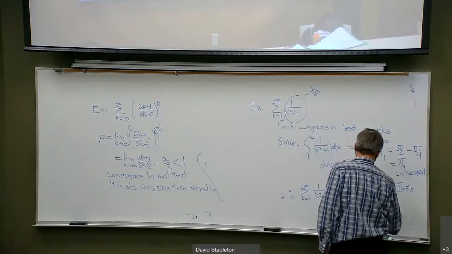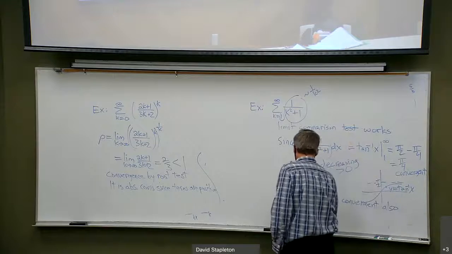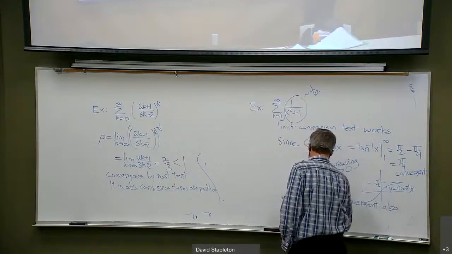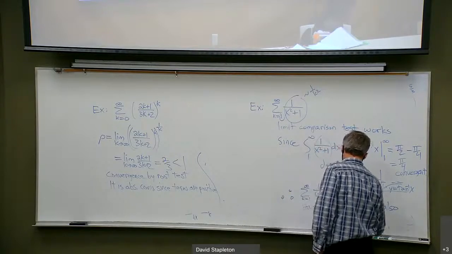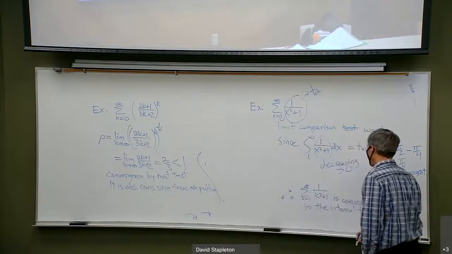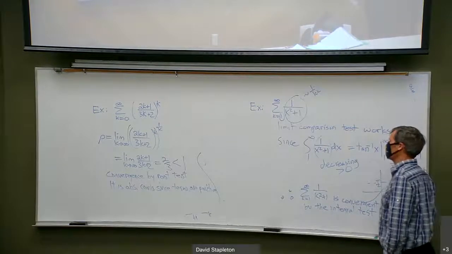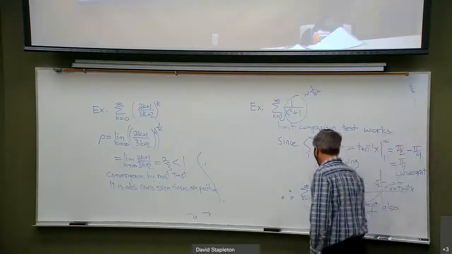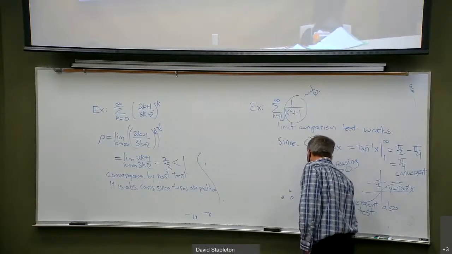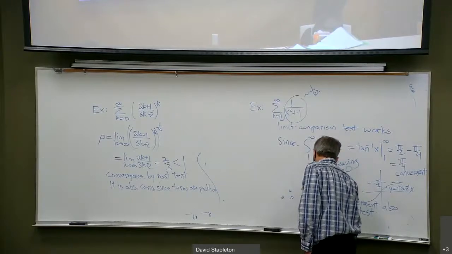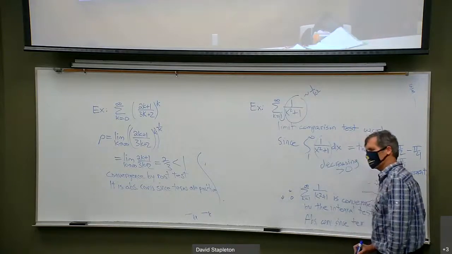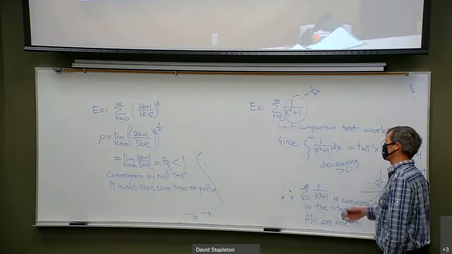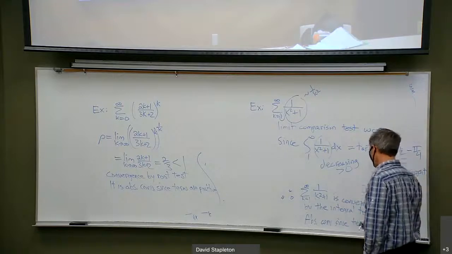A lot of tests, huh? The series has positive terms, so it's absolute convergence. If they're not positive terms, then you have to take the series of absolute values and do a separate problem, and save the convergence like we did for that alternating series.